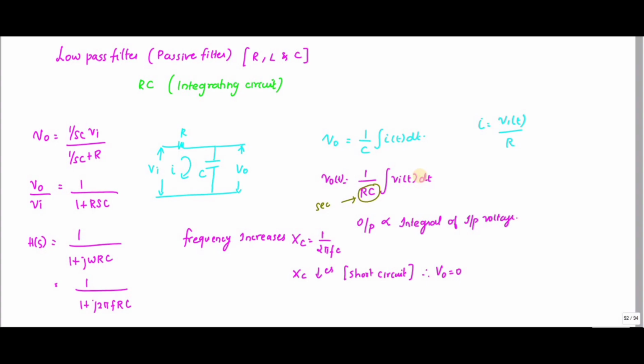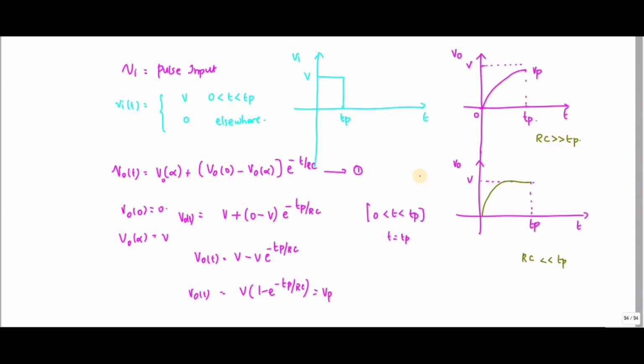I can relate RC and TP. If the RC value is, say, 1K and 1 micro, and this value is greater than the value of TP, then you will obtain the signal like this. If RC value is less than TP, you will obtain the signal like this.